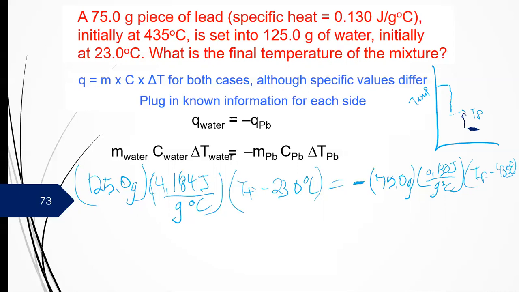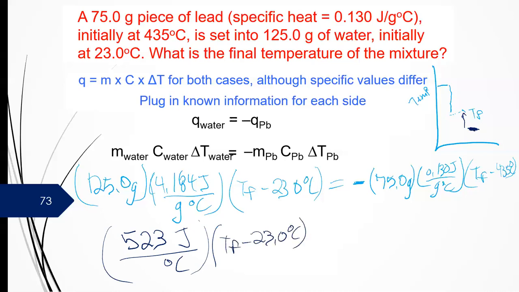So let's go ahead and simplify some of this down. I'm going to take the 125 and multiply that by 4.184. And so this tells me that our water has a heat capacity of 523 joules per degree Celsius. And our lead, 75.0 times 0.130, is 9.75 joules per degree Celsius.